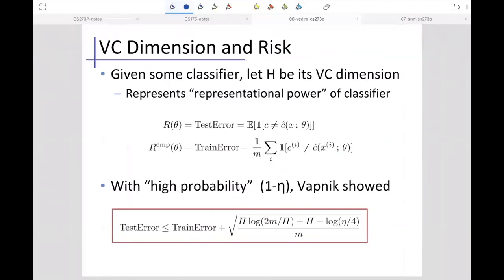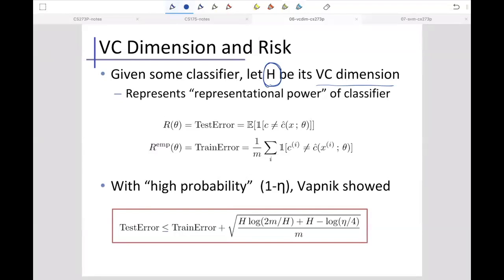So that came to this theory of the VC dimension. Vapnik and his collaborators came up with a metric called VC dimension. Let's call it H. There's this H number associated with one class of models, for instance a linear classifier is one class of models, and this is one number representing that class of models.